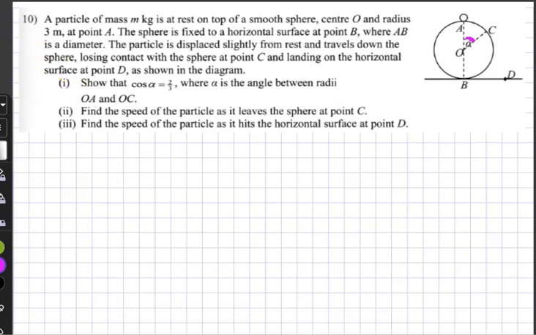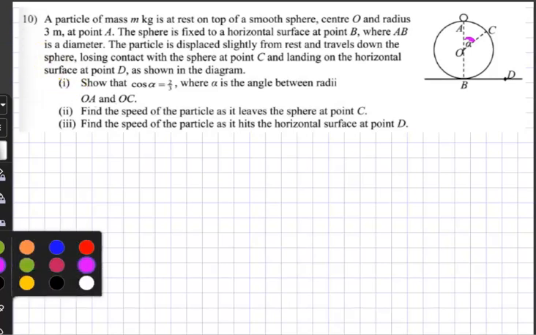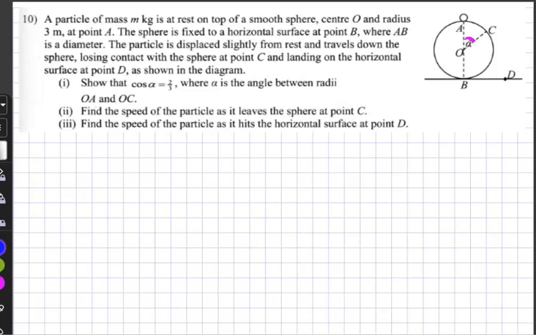What can we do? There are generally two things we've been doing. We've been looking at the energy differences, the transfer of energy from potential to kinetic, and that sum total of energy, and we've also been looking at the forces acting. So we'll start off with the energy. Generally speaking, that's usually your first port of call.